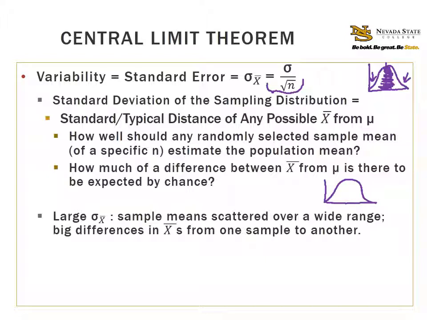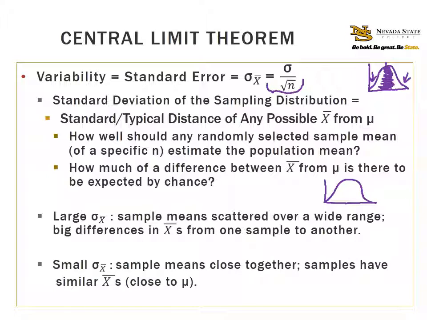There's a big spread in all the possible means you could get. Whereas a smaller standard error means that the means are really close together. So you would expect that any given sample mean that you would take from the population would be a pretty accurate representation of the population. That would look like this, where most scores are really close to that mean in the middle, whereas with a larger standard error, they're more spread apart. There's more difference expected due to chance.